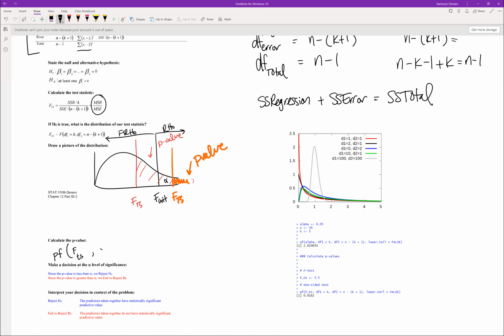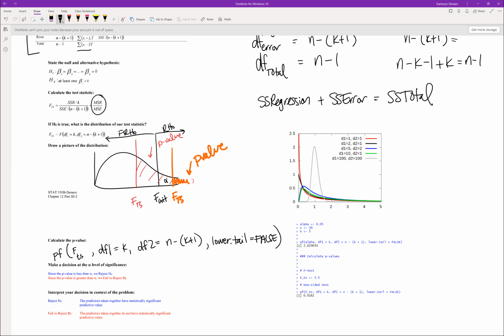And then we're going to say degrees of freedom 1 is equal to k, and degrees of freedom 2 is equal to n minus k plus 1. And then we're going to do lower.tail equals FALSE, right? And that is how you can calculate the p-value directly from R.